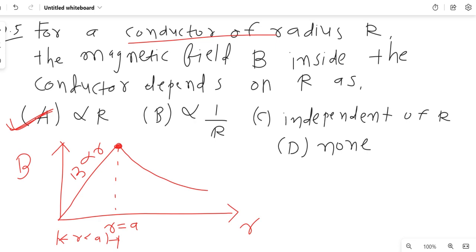On this side, your magnetic field is proportional to 1 upon R, where R is greater than A. So your correct option is A.